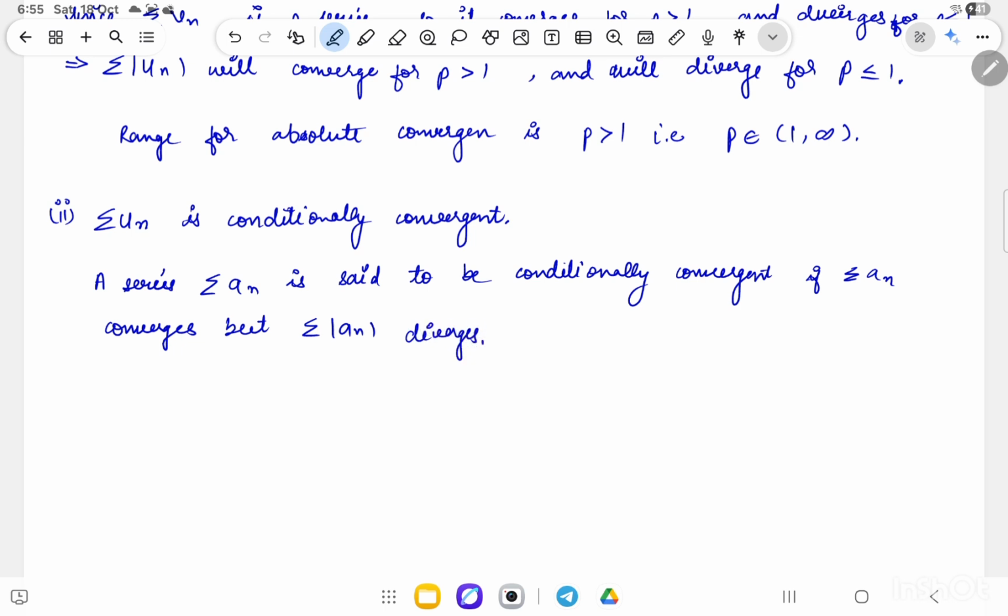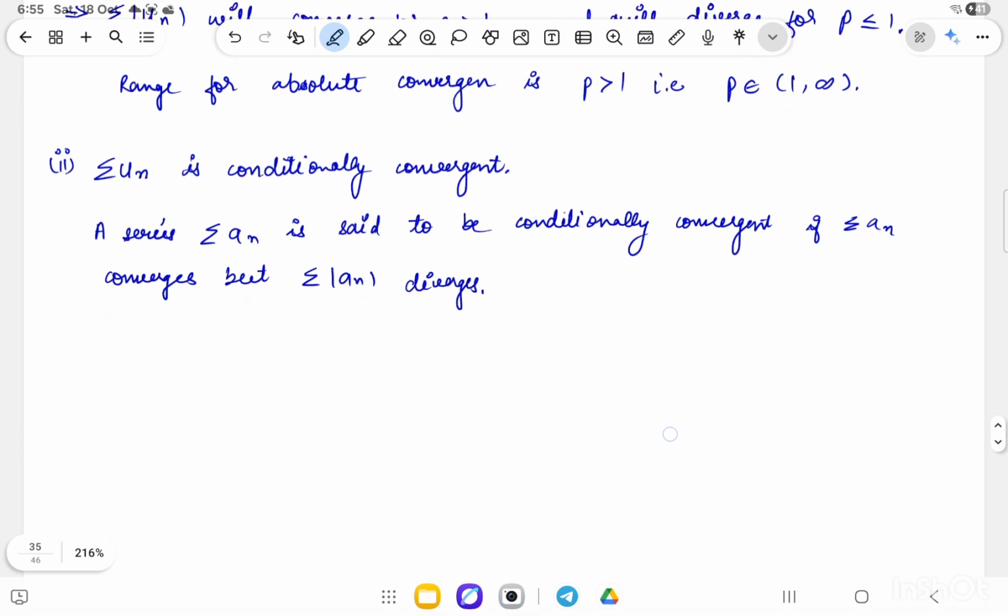So that means a series is conditionally convergent if it is convergent, but not absolutely convergent.